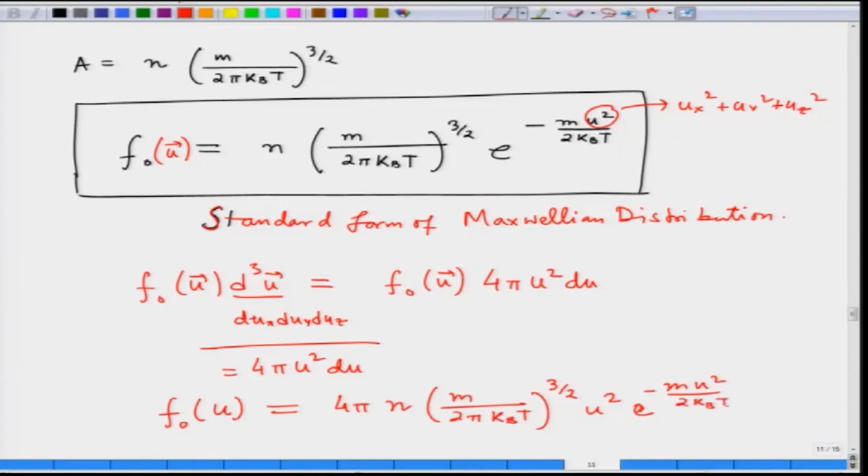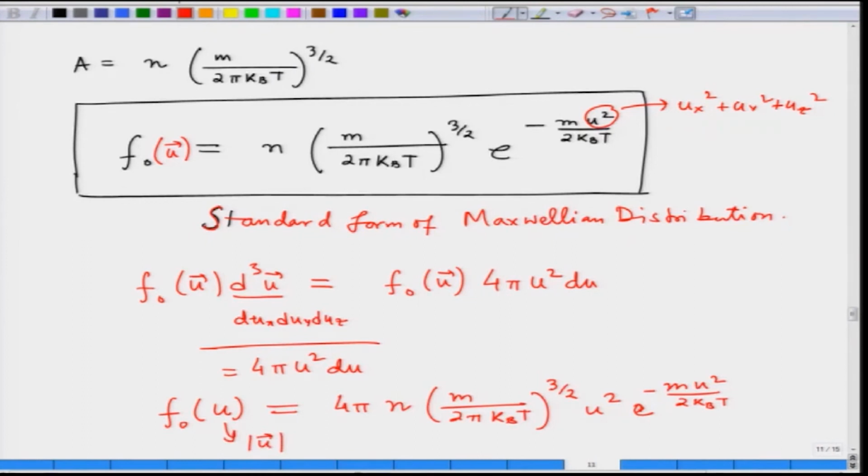Okay. So, this is the isotropic form of Maxwellian distribution, where we are deriving a distribution function of the speed u. And what is u? u is nothing but the modulus of the vector u, right.